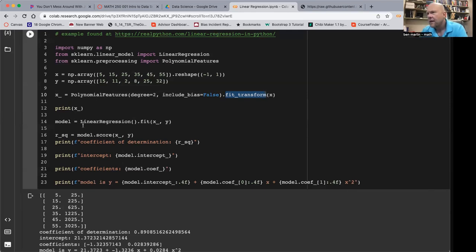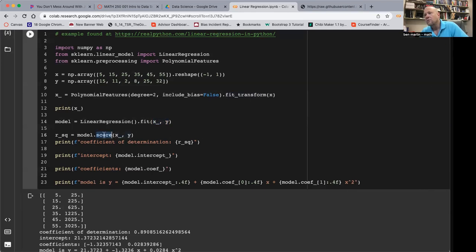So anyway, our model then, we fit not the x and y, but the x underscore and y. Relatively straightforward thing, but just remember that we're fitting with the x underscore because we're doing a polynomial fit.